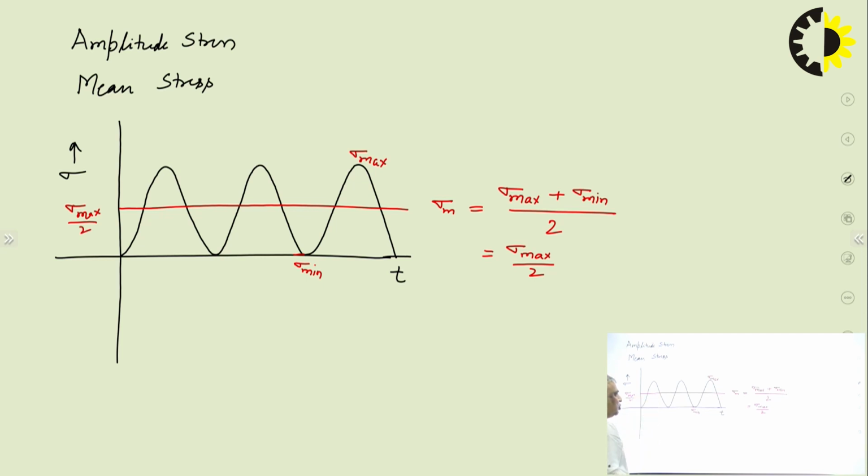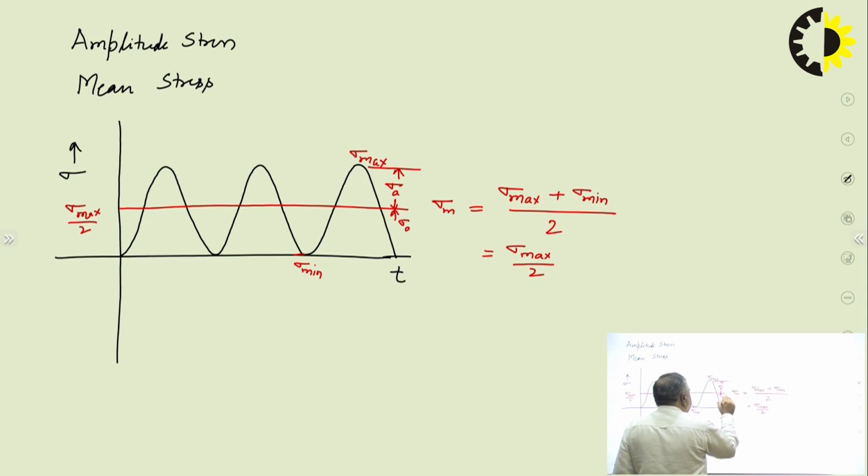This is the mean position, and the magnitude on either side of this mean stress is called the amplitude stress. So this is called sigma A, amplitude stress.